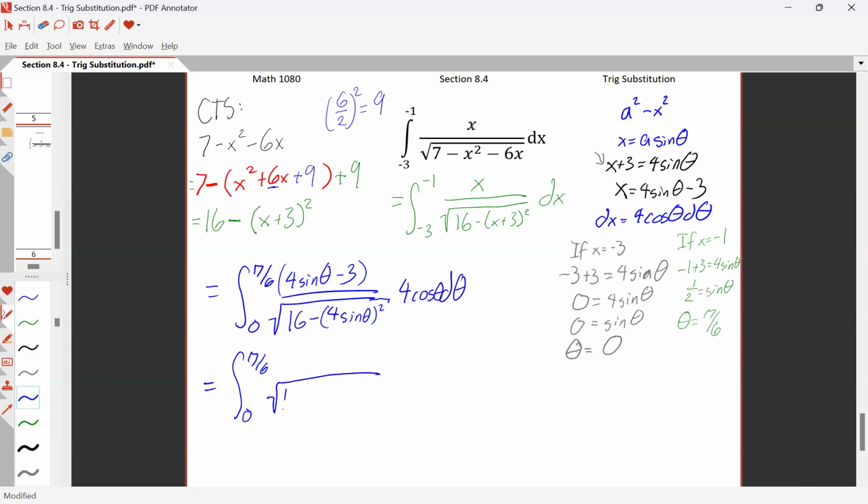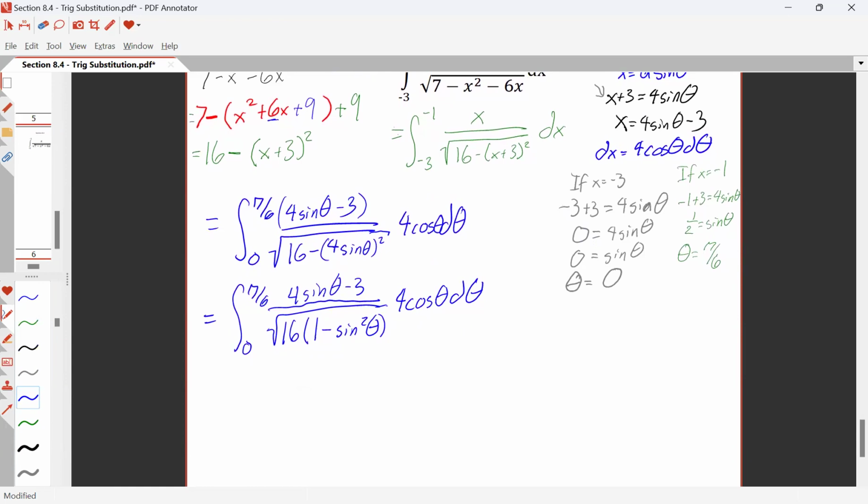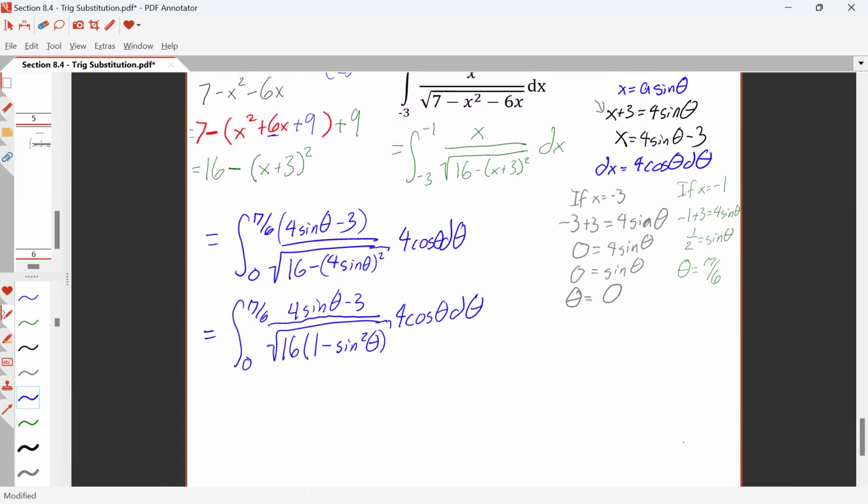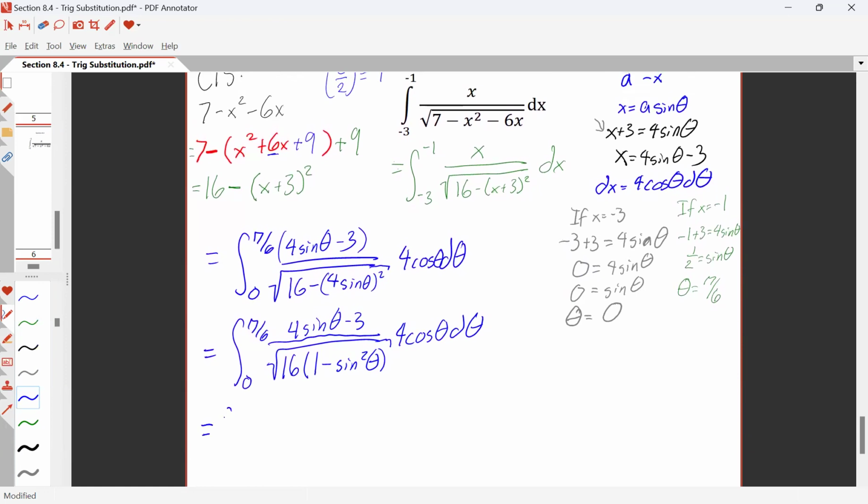So the square root in the denominator is 16 times 1 minus sine squared theta. Numerator is still 4 sine theta minus 3, and we still have the 4 cosine theta d theta. The whole point of doing the trig sub is that 1 minus sine squared theta is cosine squared theta.